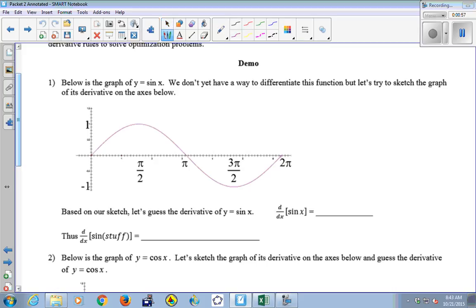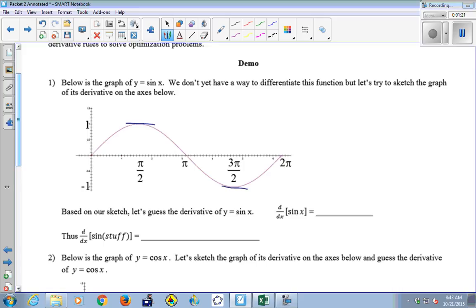So I just want to try to sketch the graph of this function's derivative. Remember, when you're sketching a derivative function, you're sketching the slope of the tangent line. Okay, so I've got horizontal tangent lines at pi over 2 and 3 pi over 2. And horizontal tangent lines have what slope? 0.